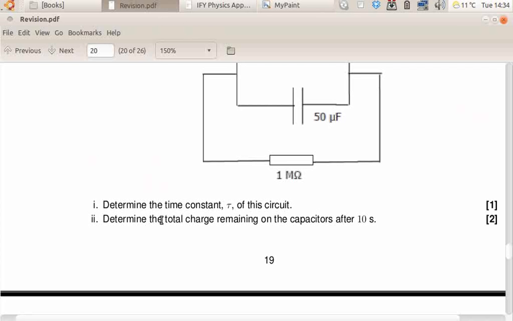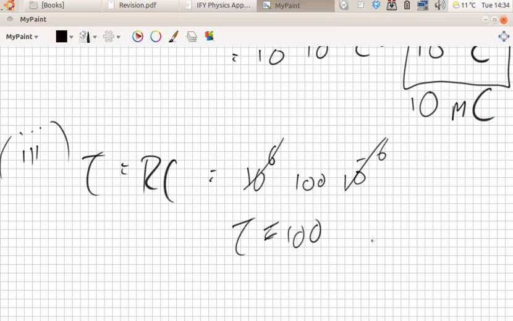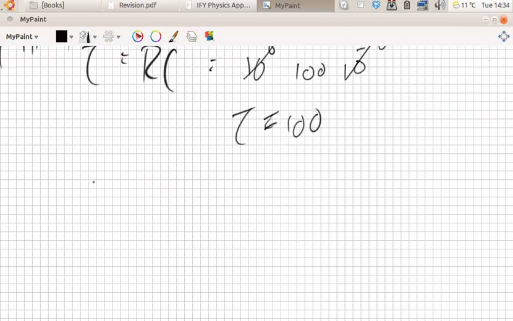Determine the total charge of... so here we go. Now our first chance to use our new exponential formula. Calculate the charge after 10 seconds. So the formula is charge equals the initial charge times e to the minus t over the time constant. Oh, and by the way, what is the charge at the beginning? Did we work that out earlier? We did.